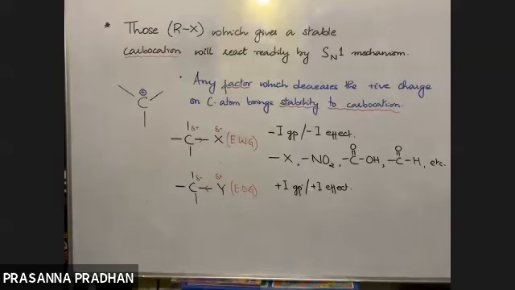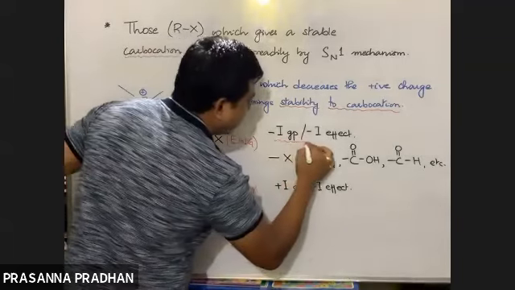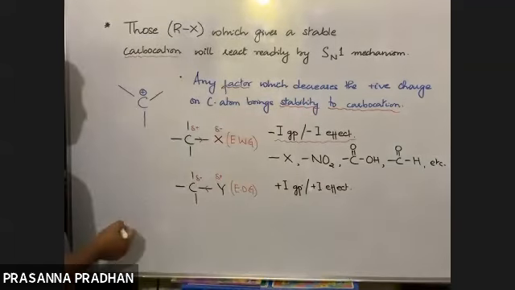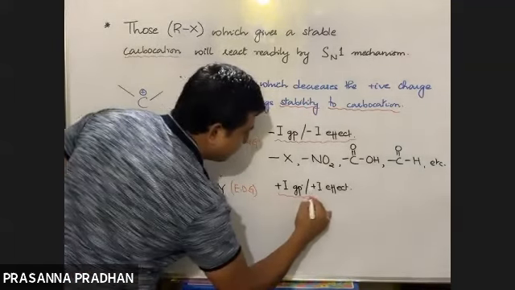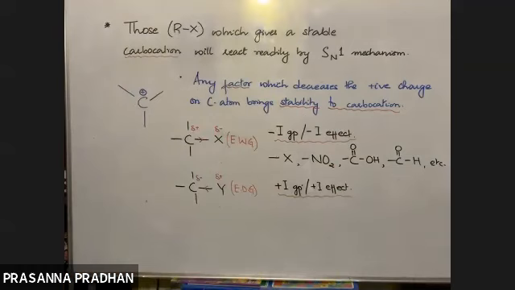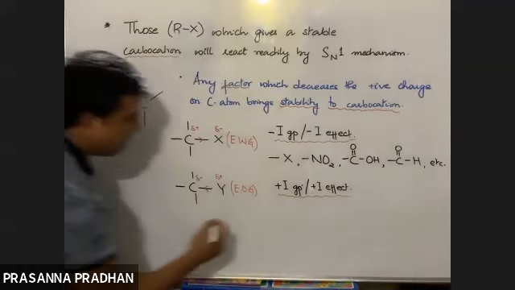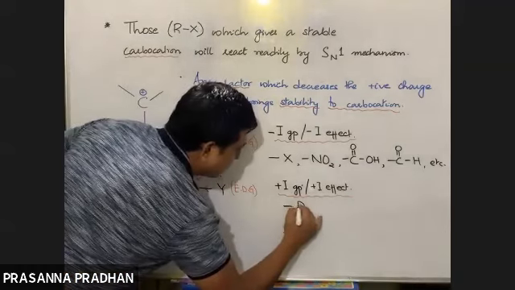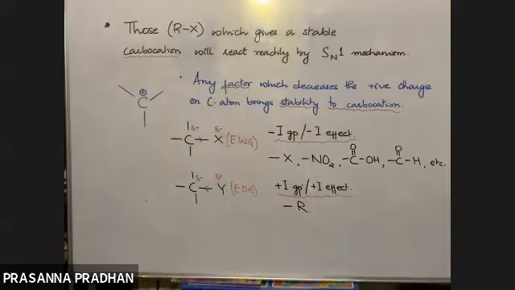So how many types of groups are there? Minus I group, electron withdrawing group, and plus I group. So what comes under this category, plus I group? All the alkyl groups come under this category. It's very easy to remember.